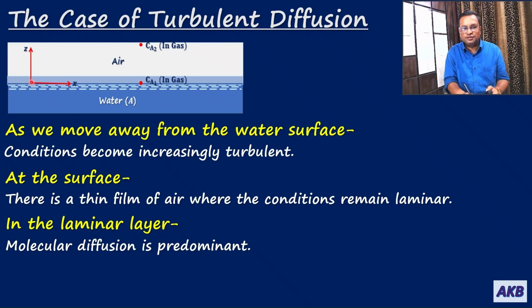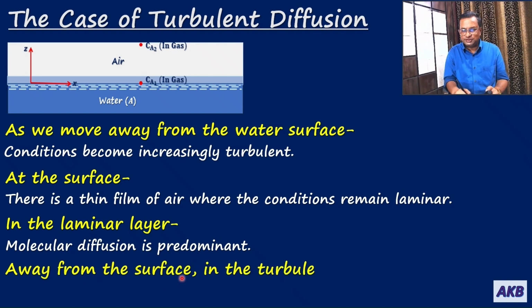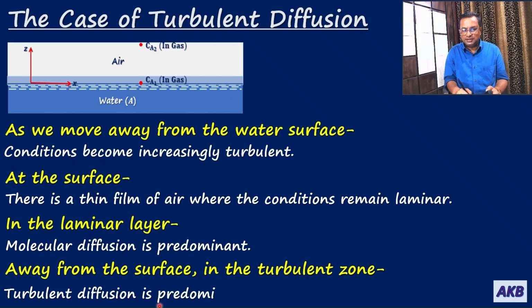So when you are in the thin film close to the water surface, molecular diffusion is predominant. And as you move away from the surface in the turbulent zone, turbulent diffusion is predominant. So as you move from the surface into the turbulent zone, you are moving from a place where molecular diffusion is predominant to a place where turbulent diffusion is predominant.